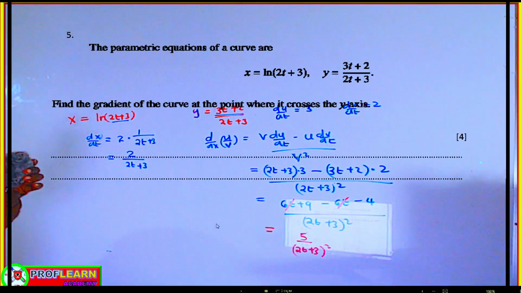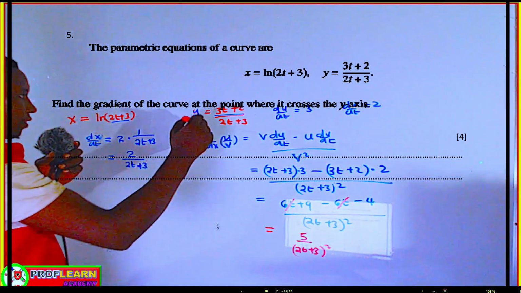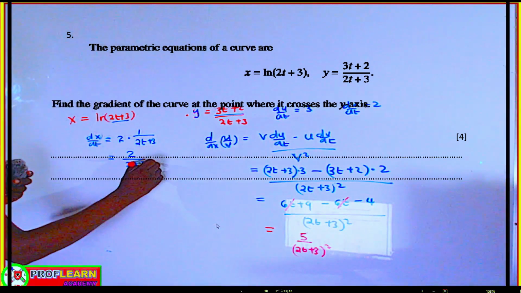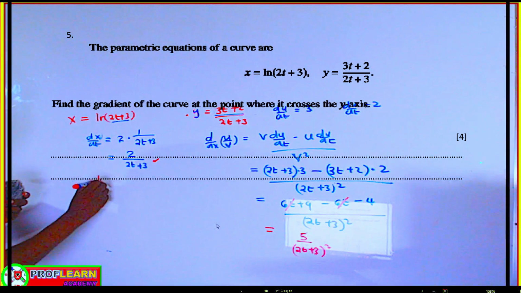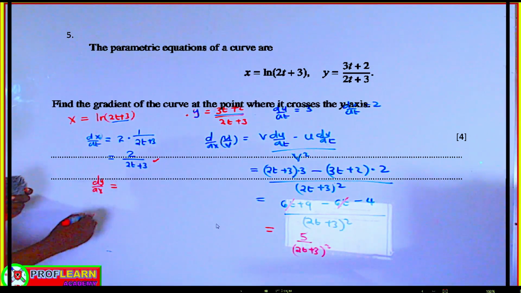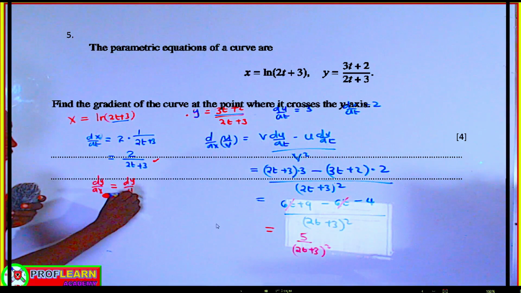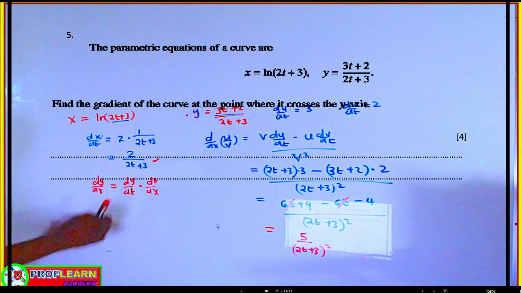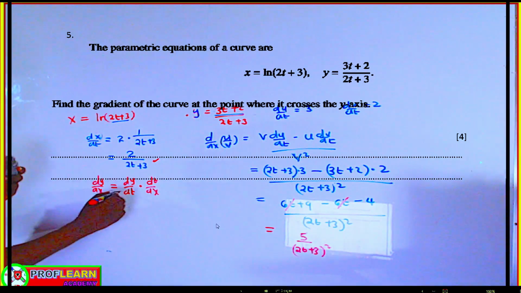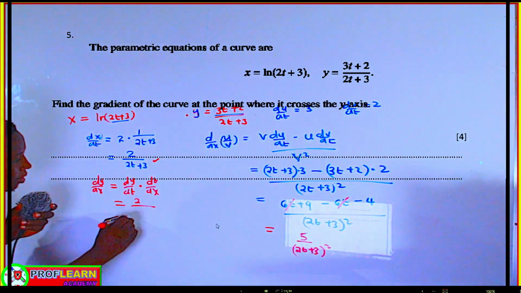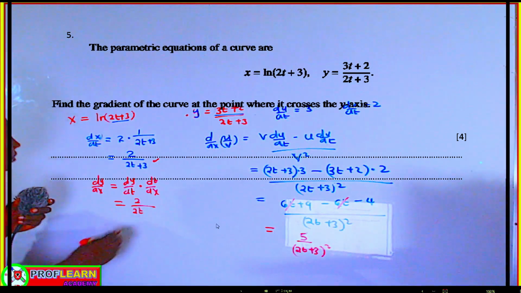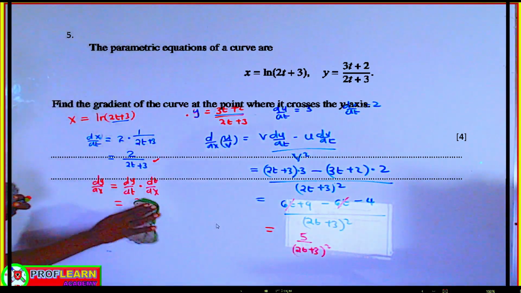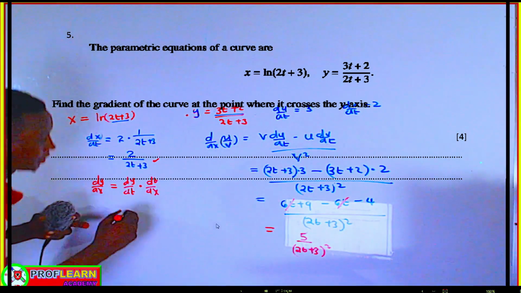Now, once I have this done, and I have this done, we can now say dy/dx is equal to dy/dt times dt/dx. So you can see now we have our dy/dt, which is this part here, so don't confuse that.